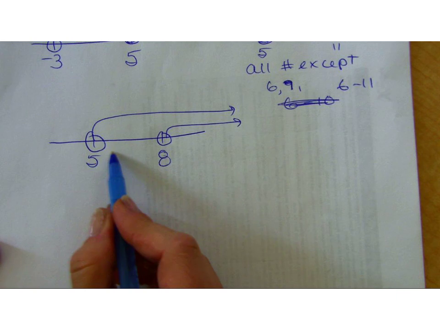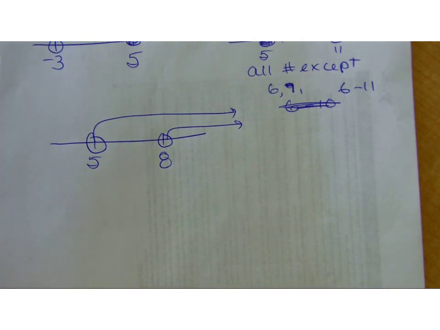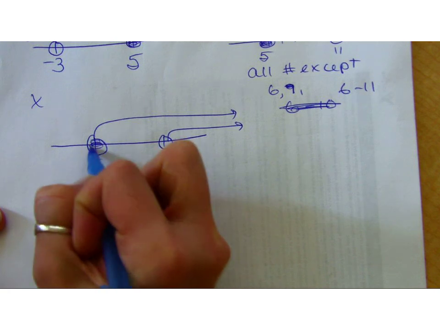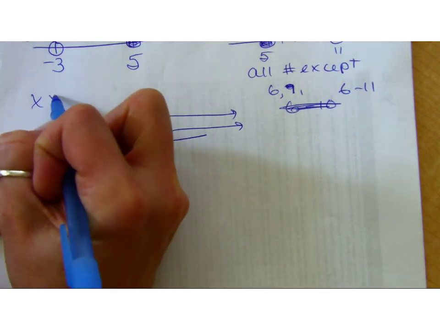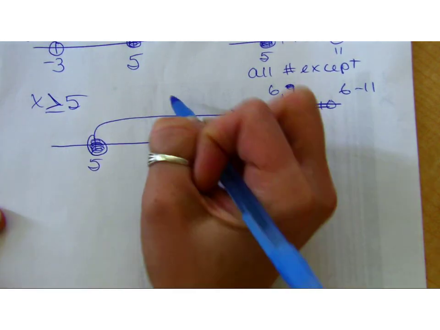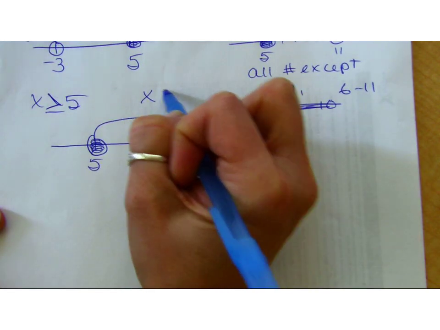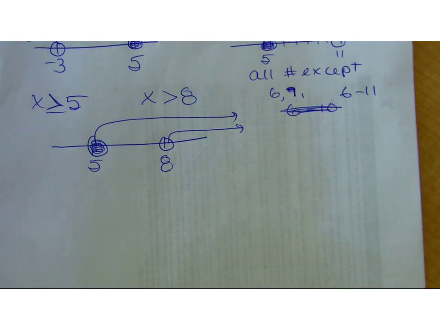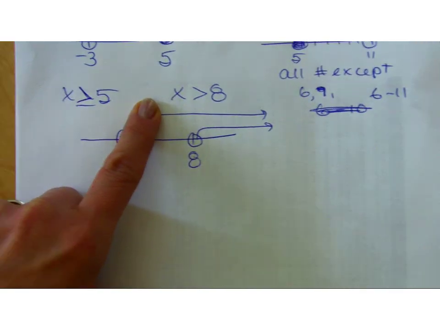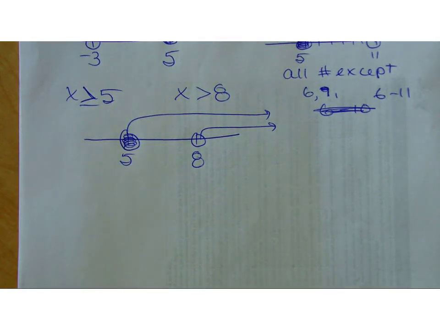I'm jumping right to the graph because I know you know that this inequality is X is greater than or equal to 5, and this one is X is greater than 8. Notice I didn't put a word in here yet because we're going to talk about what the solution would be if this were an "and" and what it would be if this were an "or."